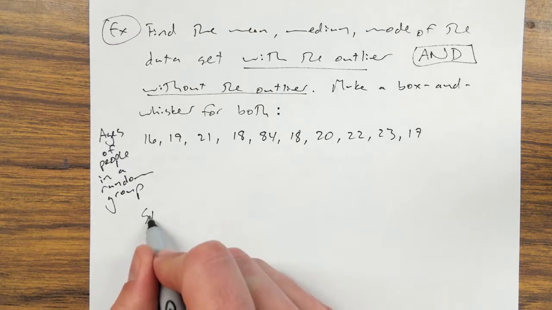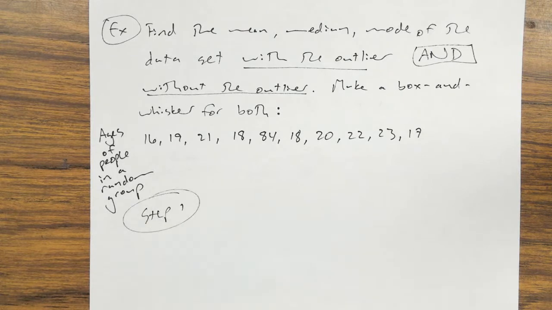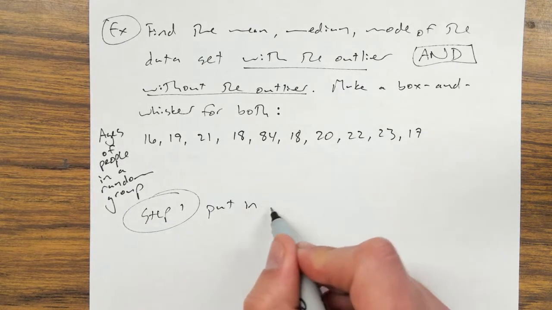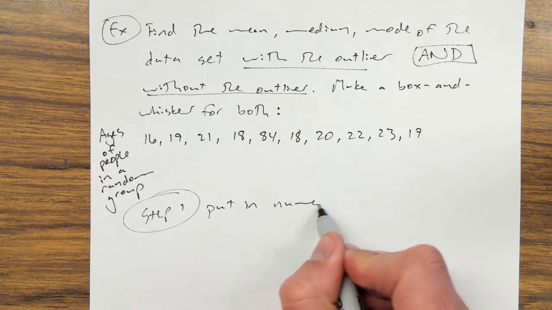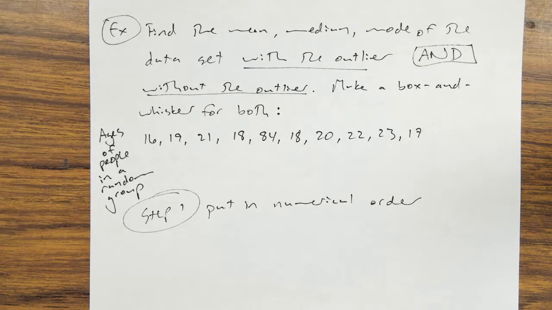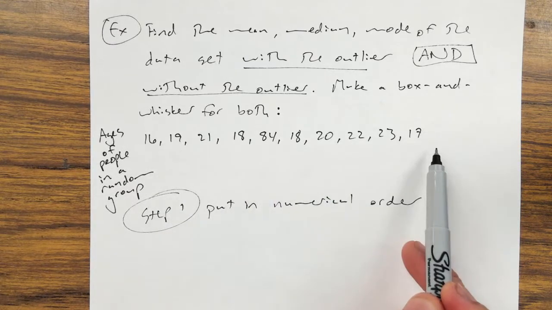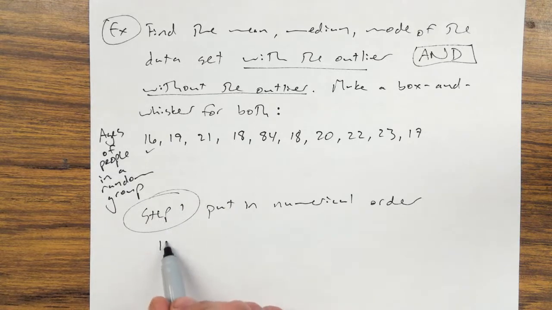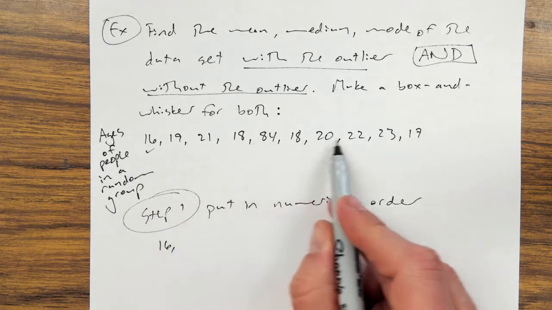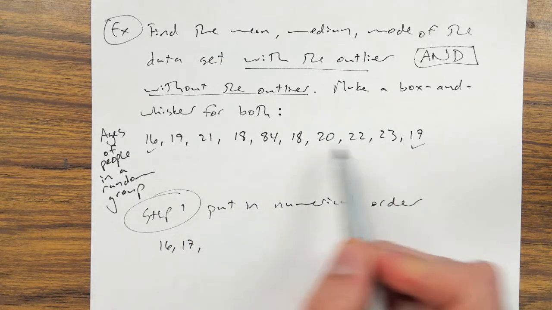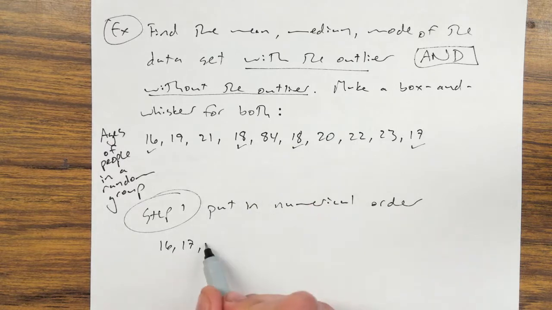So, step one. Always make sure you're in numerical order. So you have to just very carefully put these in order, starting with the smallest number, 16. And then looking to see if there are any other 16s. No, there are not, but there's a 17. Followed by a couple of 18s.